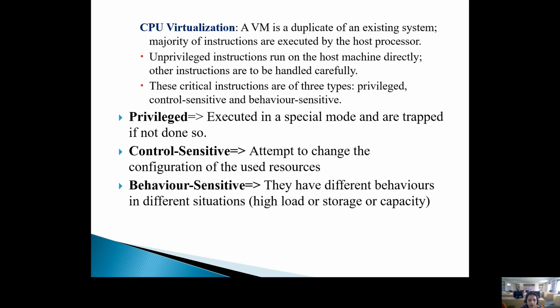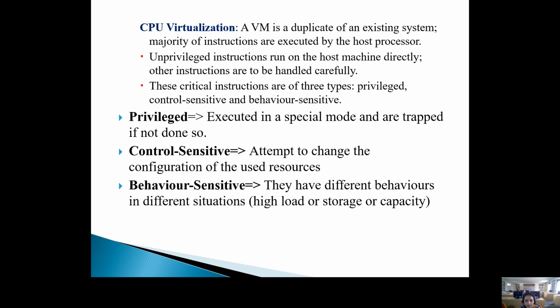The critical instructions are divided into three categories: privileged instructions, control-sensitive instructions, and behavior-sensitive instructions. Privileged instructions execute in a privileged mode and will be trapped if executed outside this mode. So that is called a privileged instruction.